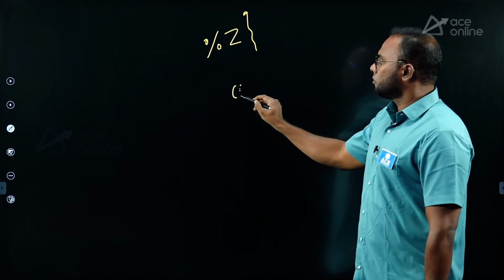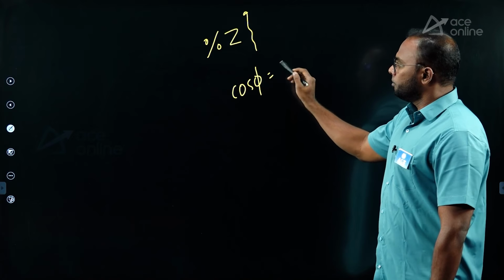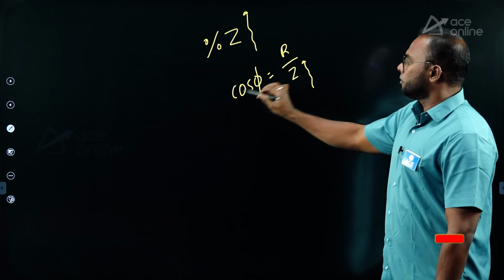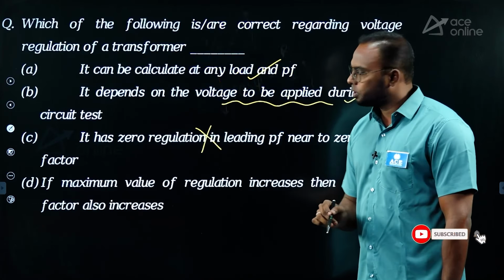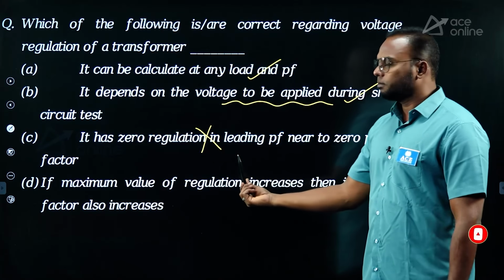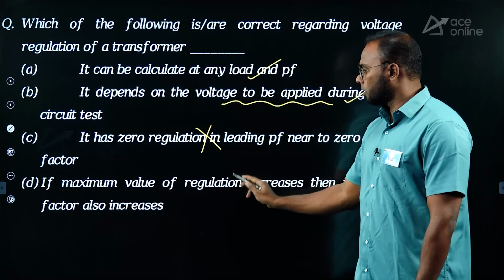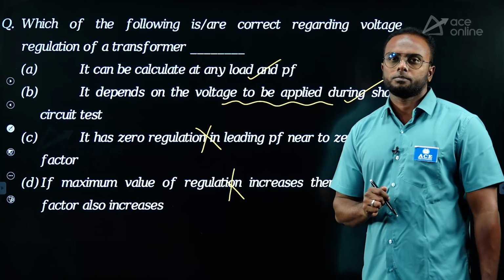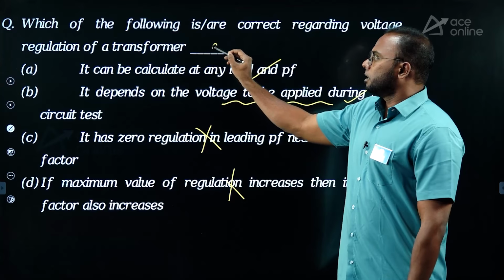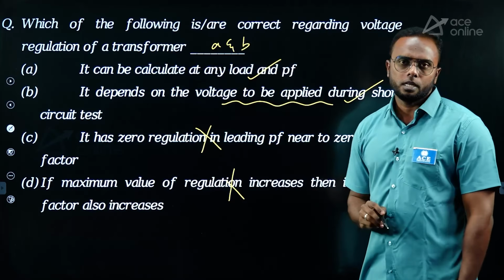We know power factor is always according to impedance parameters R divided by Z. Whenever Z value increases, the power factor generally decreases. But the statement says if maximum value of regulation increases, then its power factor also increases. So this is wrong. Power factor decreases. Okay, so which are correct here? A and B are correct.